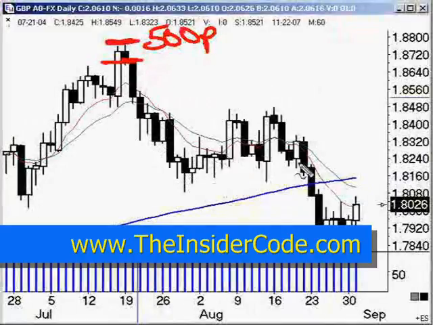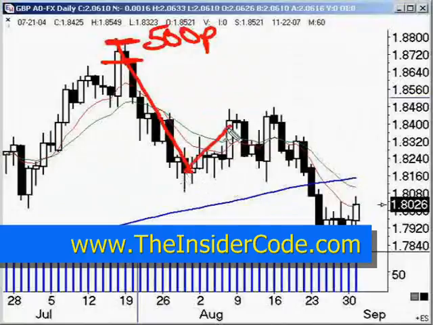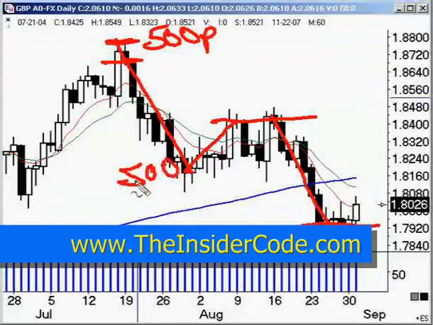Okay, well, we had the same move over here where the market moved down. It moved back up, but then look at that. Okay, so you had the same 500 pips over here, but you'd have missed out on the next 300 for 850.